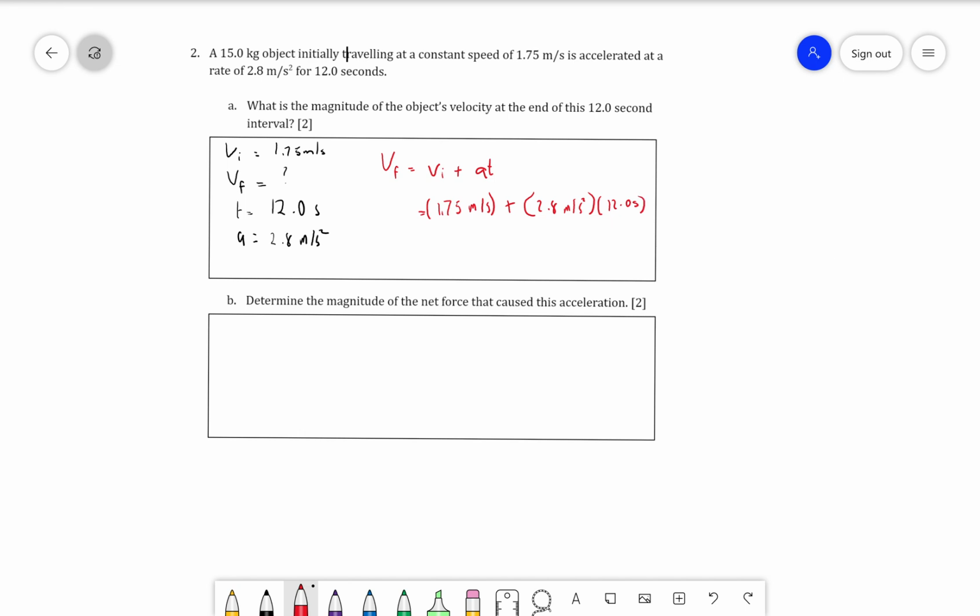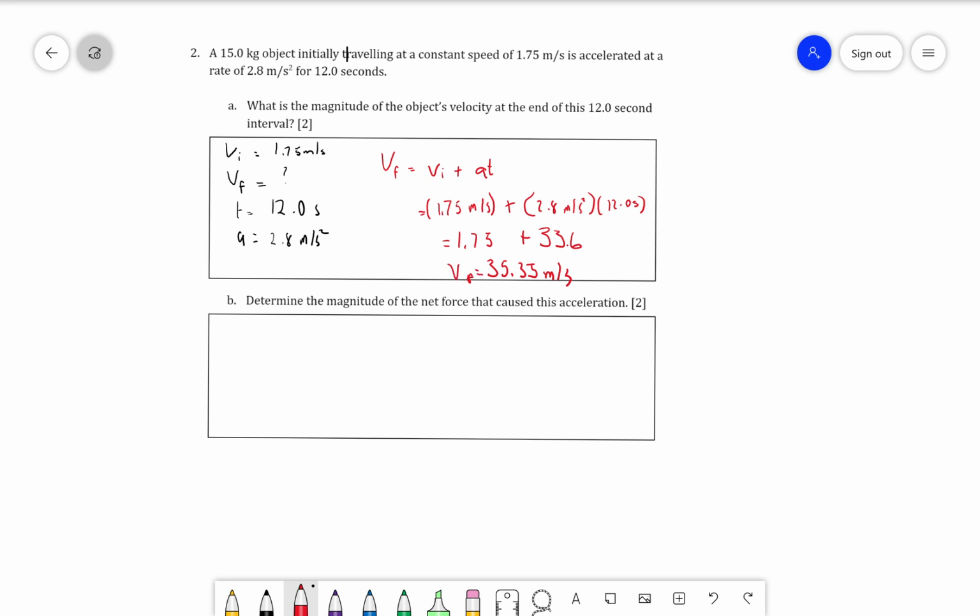Let's find that out first. 12 times 2.8 is going to give you 33.6. Plus 1.75. So 33.6 plus 1.75. You wind up getting 35.35 meters per second for the final velocity.